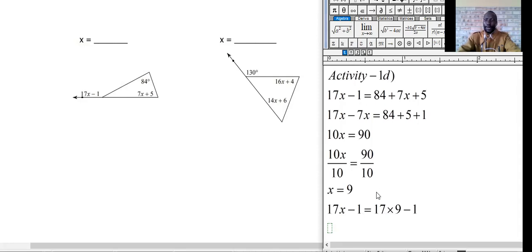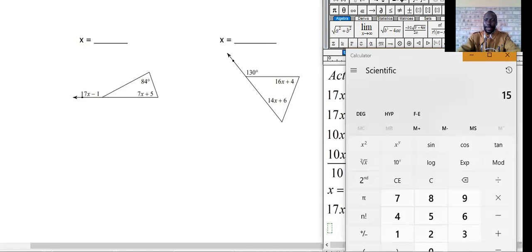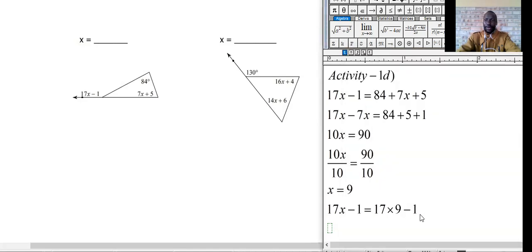Let's see what we get for 17 times 9 minus 1 with my calculator. It's going to give us 152 degrees. Yes, 152 degrees. That is what we get for the opposite exterior angle.